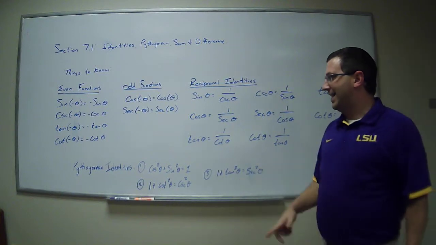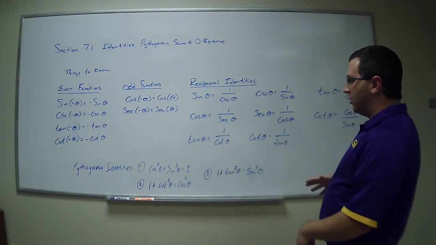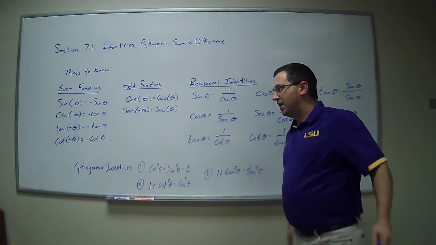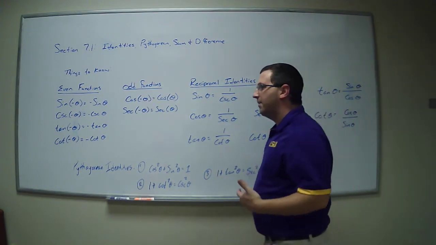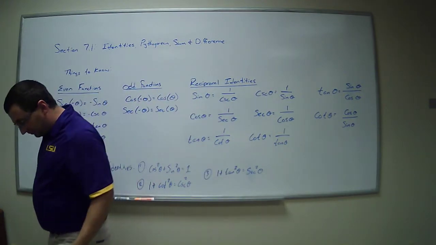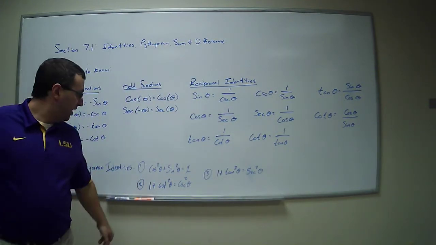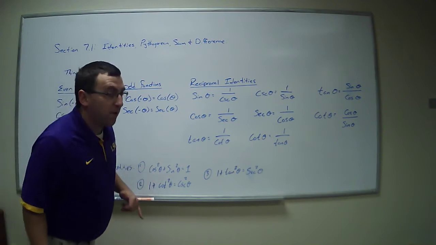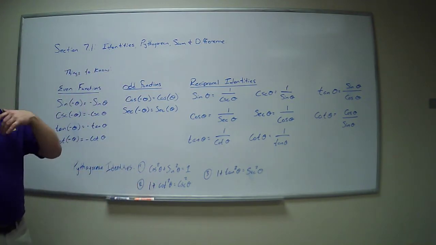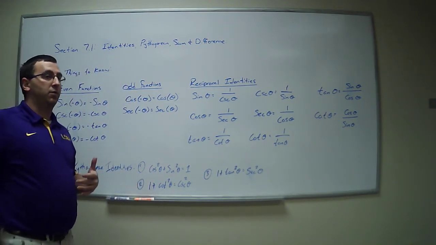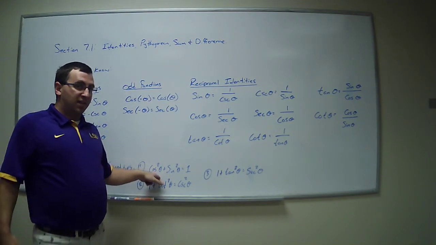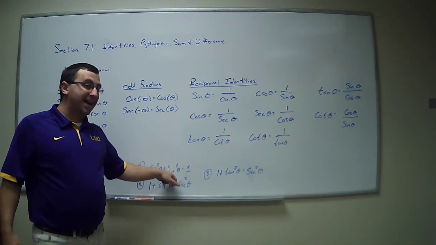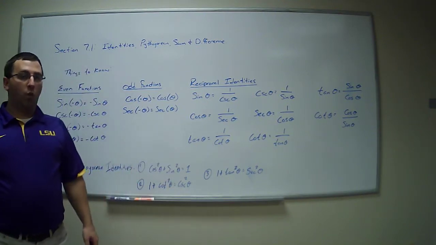Now, these little guys down here, I did kind of run out of room, so that's why I put it down here. Pythagorean identities. These identities come from the unit circle. Basically, the first Pythagorean identity, and this is one that everyone should be familiar with after they finish trigonometry: cosine squared plus sine squared should equal 1.